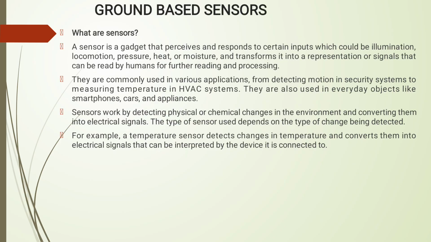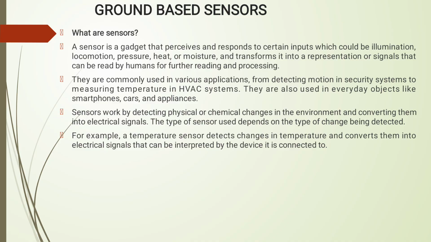Next, ground-based sensors. First, what is a sensor? A sensor is a device that perceives and responds to certain inputs, which could be illumination, motion, pressure, heat, or moisture, and transforms them into a representation or signals that can be read by humans or used for further processing.